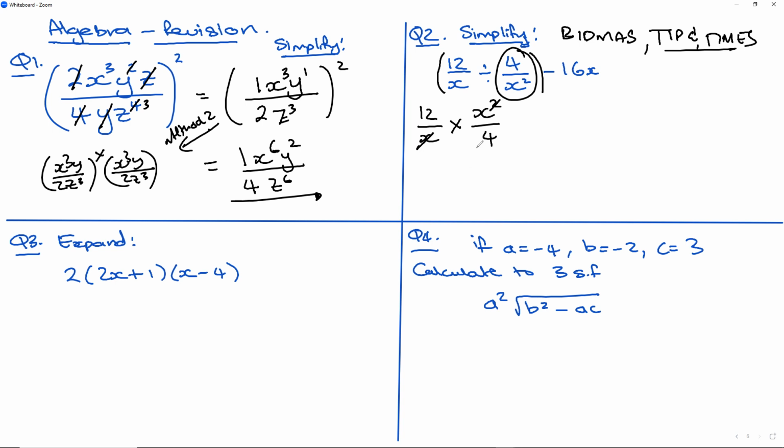X goes into x squared once, 4 goes into 12 three times, minus 16. We have 3x over there, minus 16x. So 3x minus 16x using integers is negative 13x. Final answer there, negative 13x.